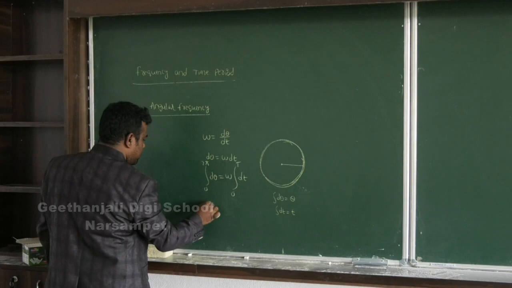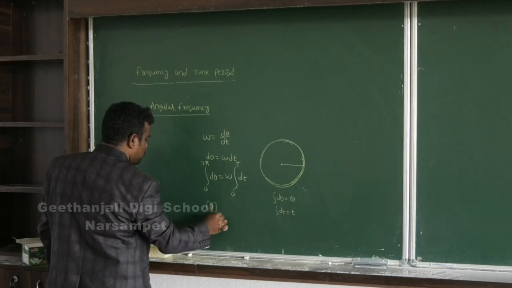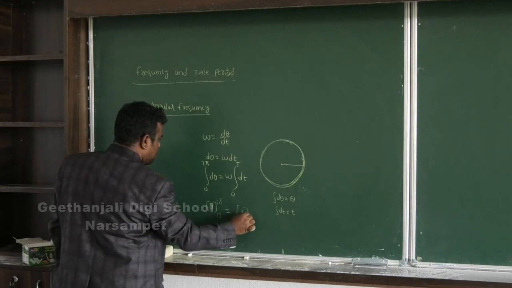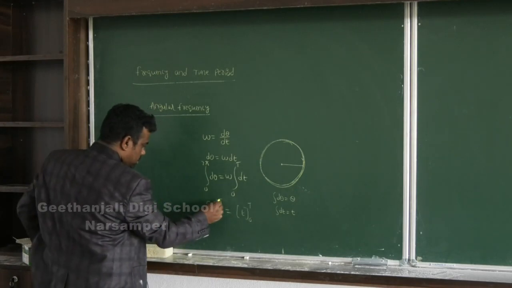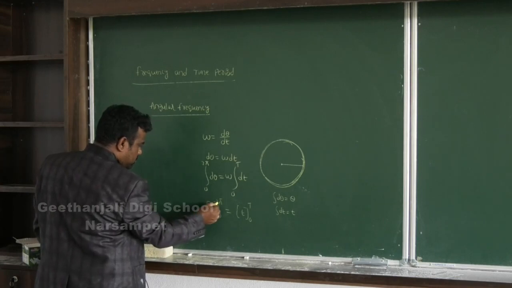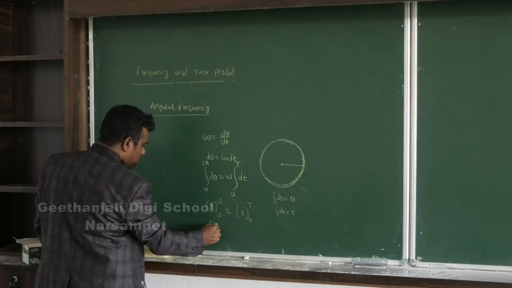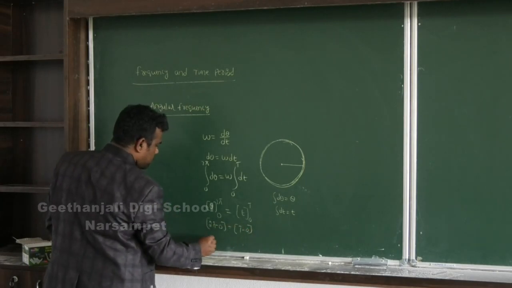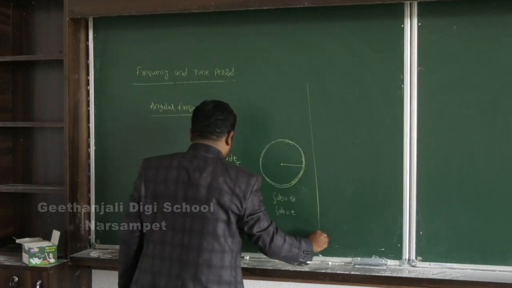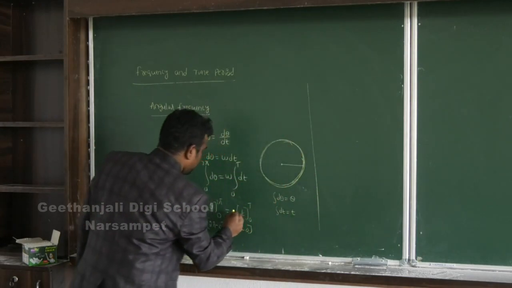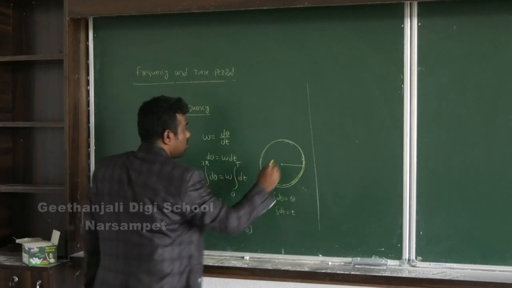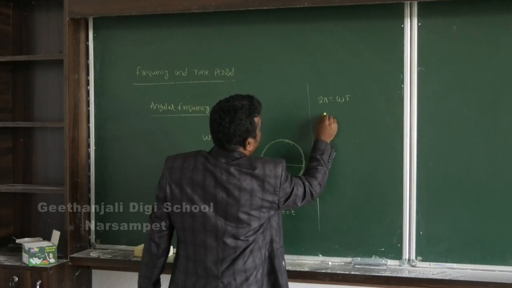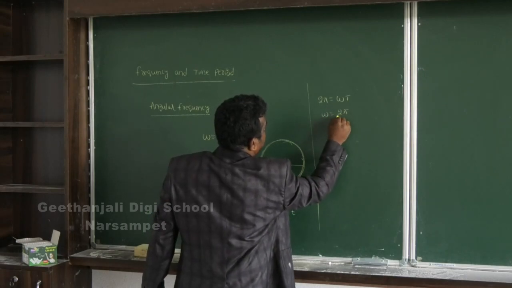Theta limits should be taken from 0 to 2 pi and here the limit should be taken from 0 to T. So in the place of theta, first we write the upper limit, that is 2 pi minus 0, equals T minus 0. We left omega here, so 2 pi is equal to omega into T. Now omega is equal to 2 pi by T.